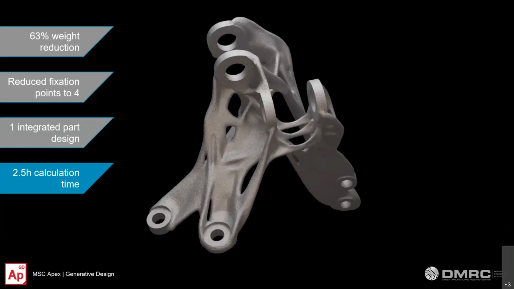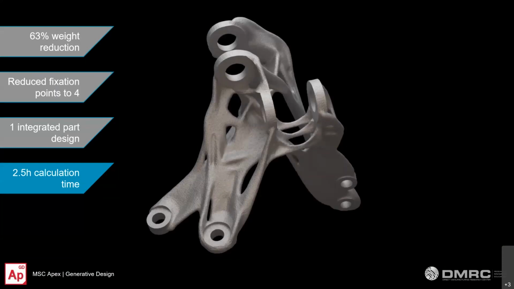We have done several iterations, several optimizations, to find the perfect part design that fits all of our other needs that we cannot cover inside the optimization. But in the end, we found this design, which is very durable and much more lightweight.